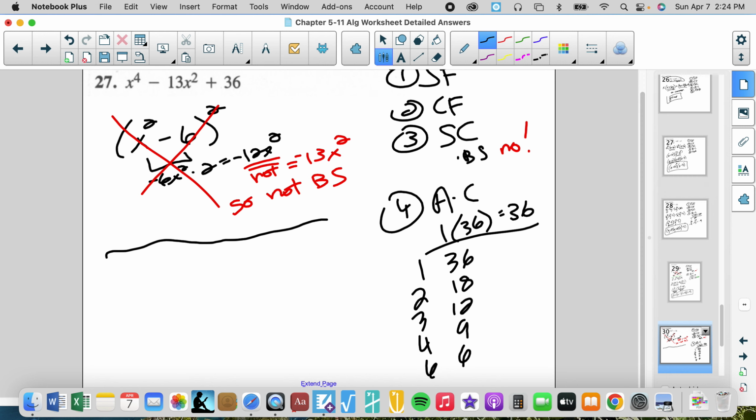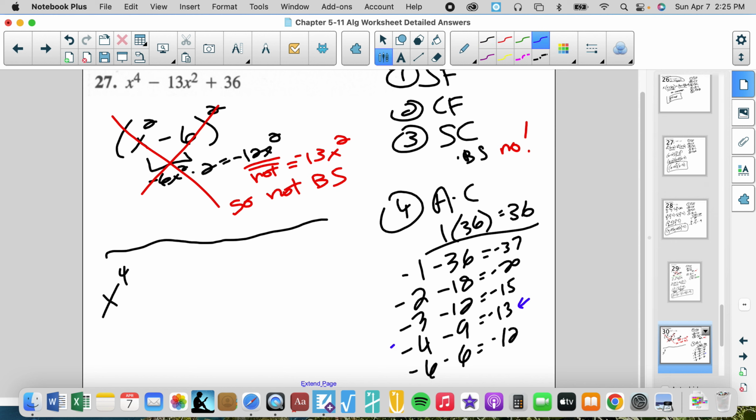Signs are the same, both negative. Negative 12, negative 13, negative 15, negative 20, negative 37. This is my middle. So we're going to make this x to the fourth.